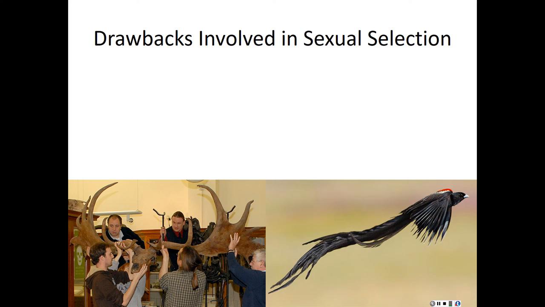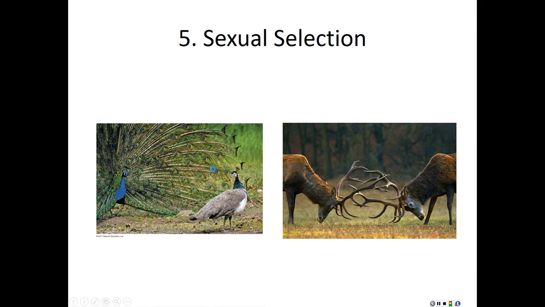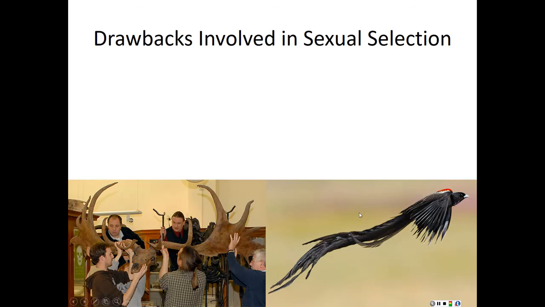And while these may attract a mate, it actually can be detrimental to the one that possesses it, because how well can you really fly and get away from a predator when your tail is this long? Also, you're really easy to see. So there are some very obvious drawbacks to sexual selection, mostly due to higher predation rates, but also just the energy put in to developing the trait.